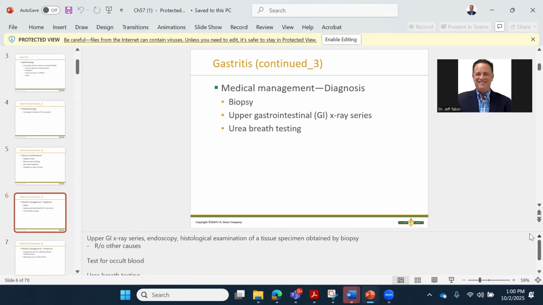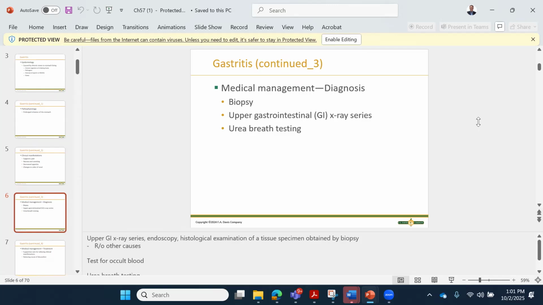H. pylori is a bacterium that is highly associated with peptic ulcer disease. And if a patient does test positive for H. pylori, you would expect the patient to be placed on a short course of antibiotics as well as medications such as proton pump inhibitors or H2 antagonists.